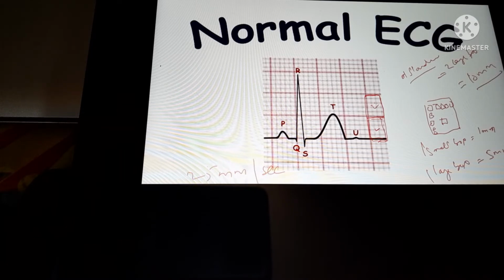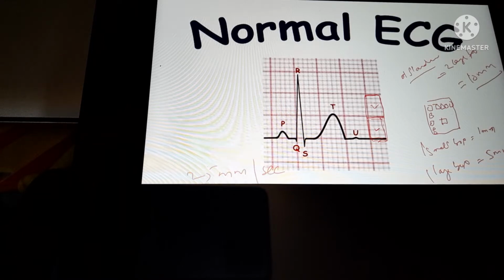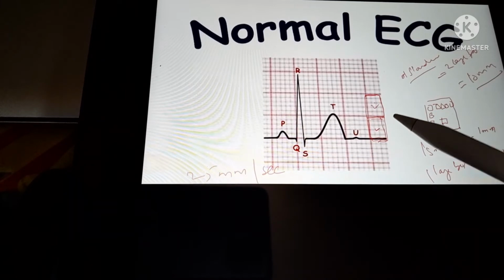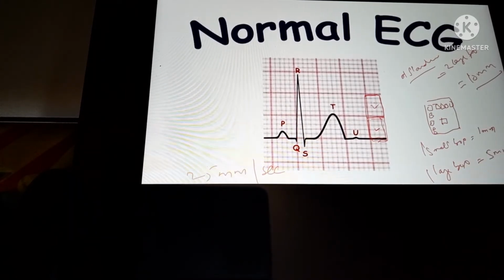We can also change the speed, but we will see in subsequent vlogs in what condition we have to change the standardization or the speed of the ECG paper. But a normal ECG should have a standardization of two large boxes and a speed of 25 mm per second.